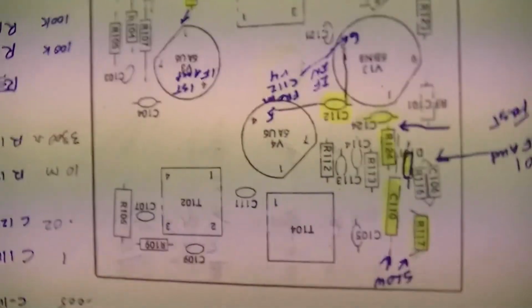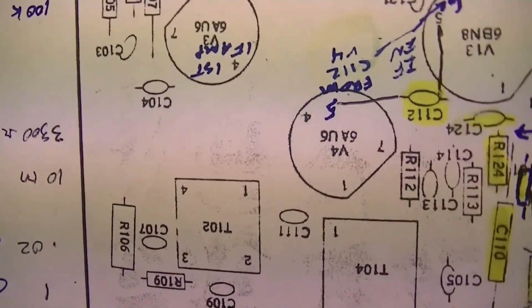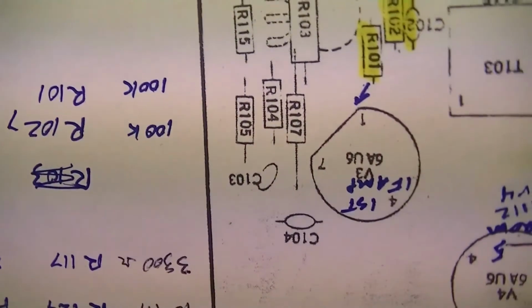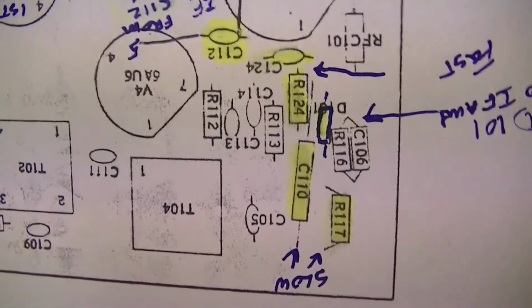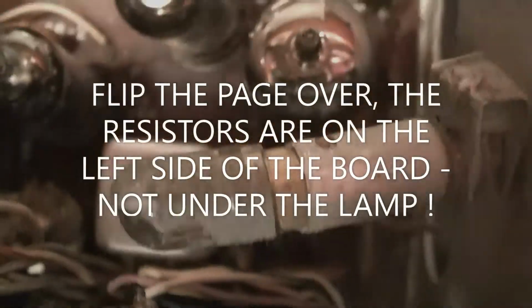Okay. V13, V4, V3. There they are. V13, V4, V3. And of course, it's just your luck that these time constant resistors and capacitors are right down here underneath this stinking lamp.